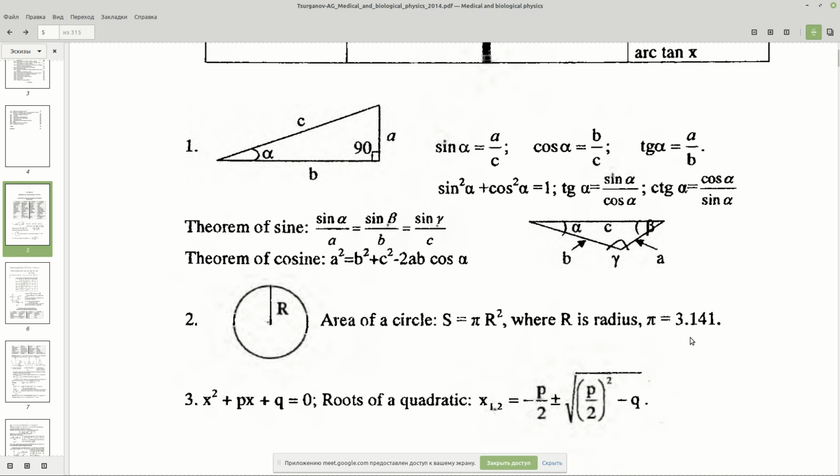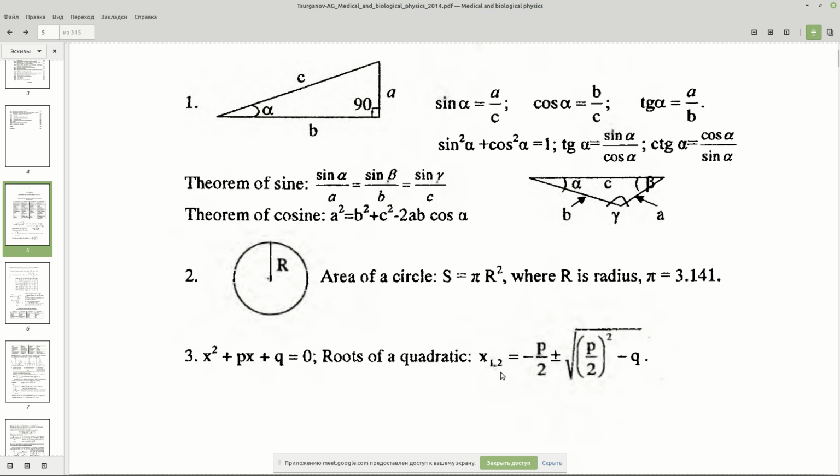The quadratic equation is x squared plus px plus q equals 0. To find the roots of this quadratic equation, don't forget the discriminant, or you can take Vieta's formula, and you receive two roots, which will be equal to this formula: minus p divided by 2, plus or minus, so two roots.